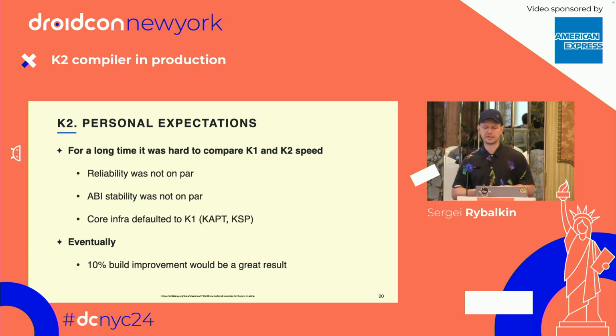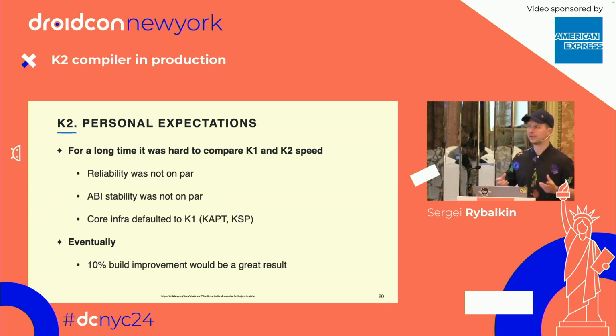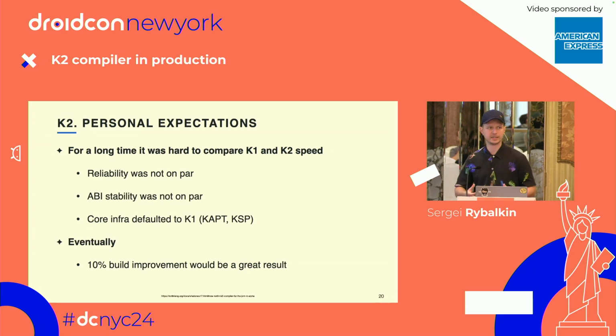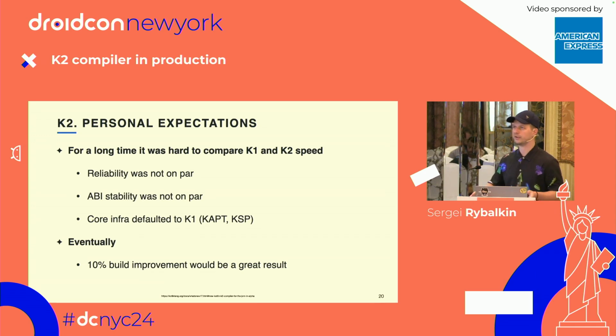When we started, the overall expectation was to eventually get at least 10% improvement for our build. It would already be a good use of our time and a solid improvement in developer productivity. For a long time, on our workloads, it was not possible to compare apples to apples, K1 and K2, mainly because the reliability of K2 was not on par with K1.